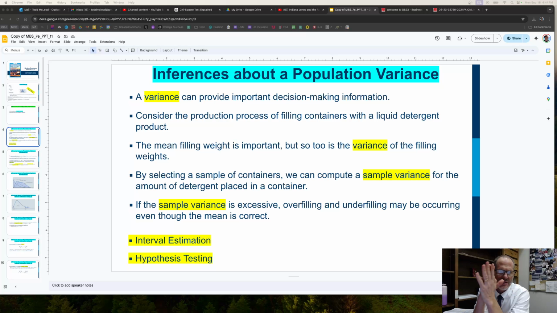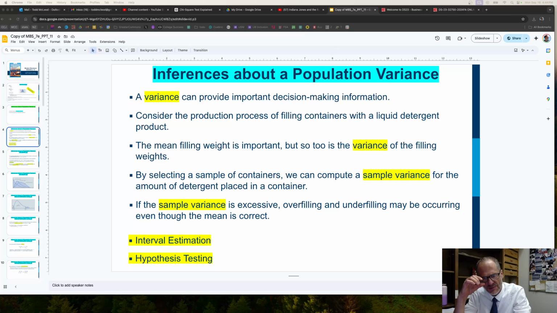For a company saying you're going to get 16 ounces, we want to make sure we're monitoring that and not giving people too much, because that costs us money, but also not shortchanging them, because that's bad for our brand reliability and brand image. So variance can provide important decision-making information.